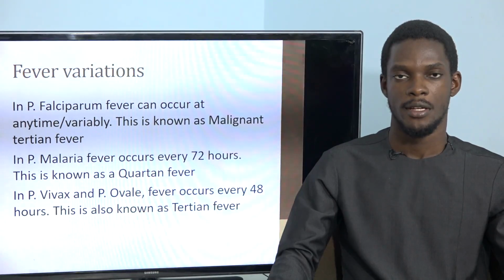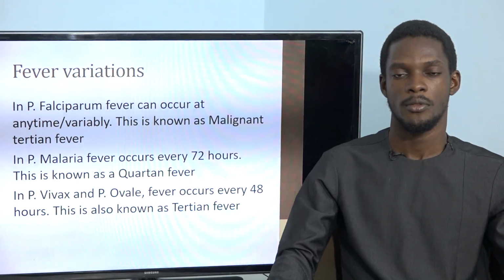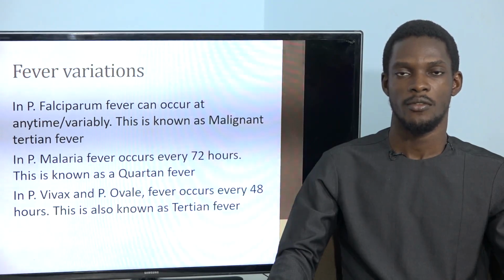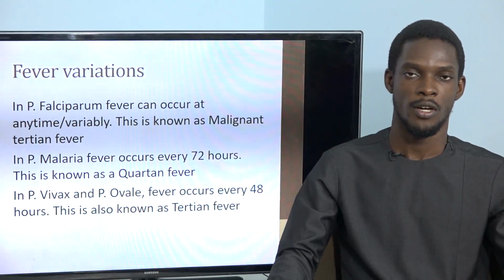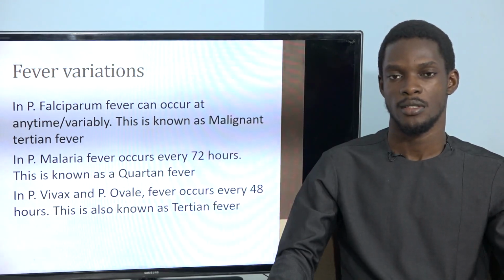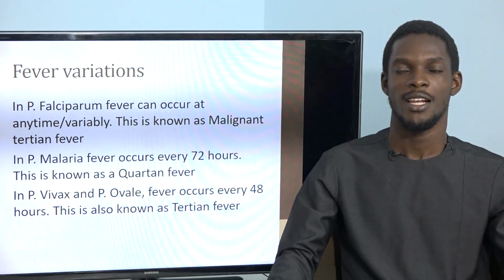Fever may vary depending on the specific type of plasmodium that infects the patient. In Plasmodium falciparum, fever occurs invariably. It can occur every 48 hours, every 24 hours, or every 72 hours, and this is known as a malignant tertian fever.